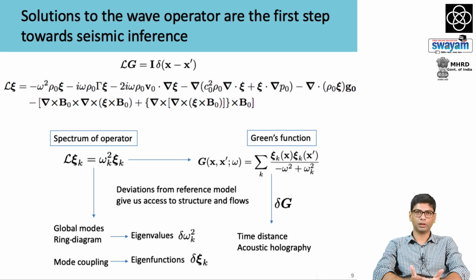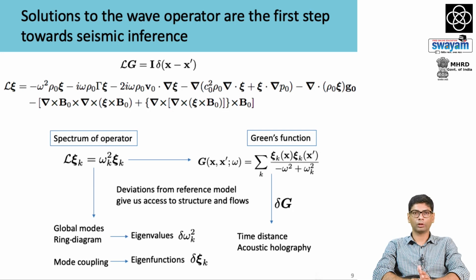So we have observed eigenfrequencies and we have predicted eigenfrequencies, and the difference, delta omega k squared, as you can see, tells you something about what's going on in the solar interior. Similarly, you can do something much more complicated, which is by measuring differences in the eigenfunctions from the sun and from theoretical predictions, and those give you what is known as mode coupling.